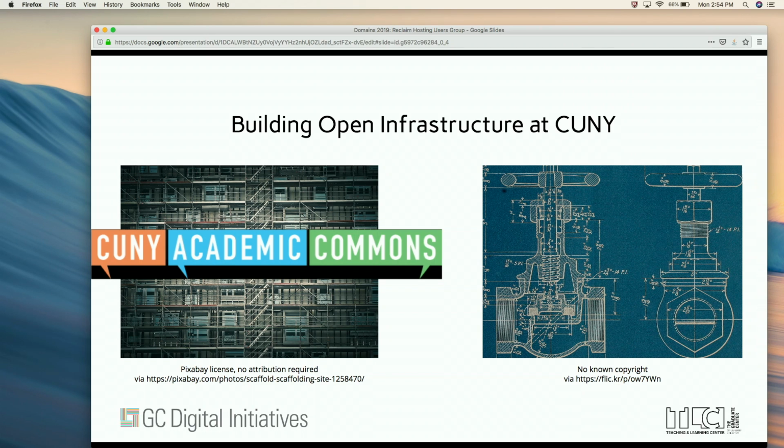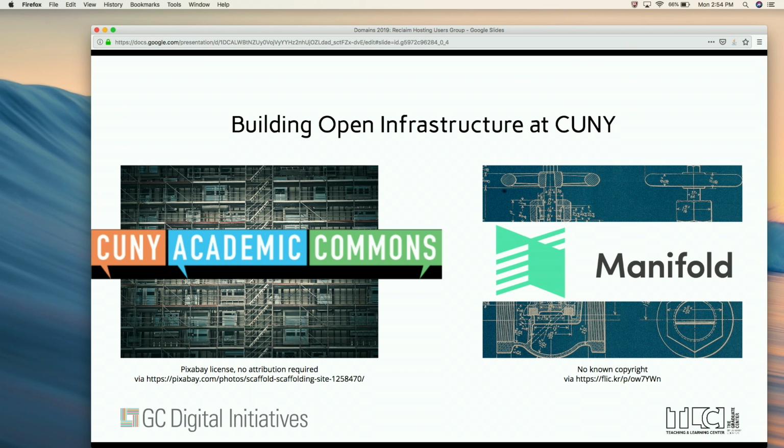But it is WordPress, and so we have a lot going on there. And then we also have a new project called Manifold Scholarship, which is basically a publishing platform for open source texts, and so that's starting to be used more widely at the Graduate Center. What's also happening at the Graduate Center is you have the Masters in Digital Humanities becoming huge.